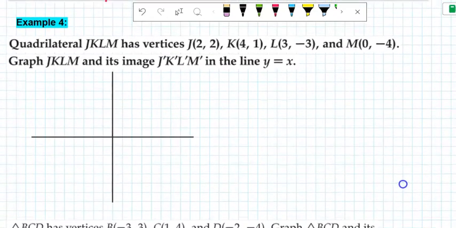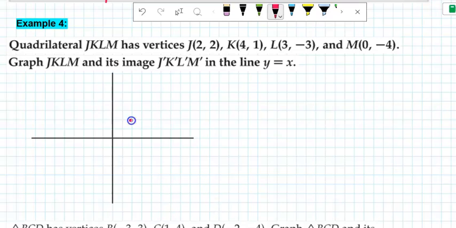Okay, so we have JKLM, so let's go ahead and graph that. Alright, so we have this weird looking quadrilateral, kind of trapezoid-ish, okay?